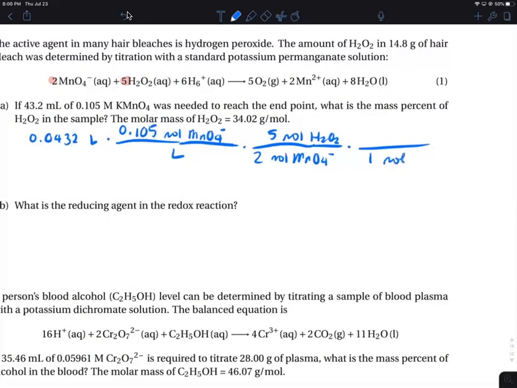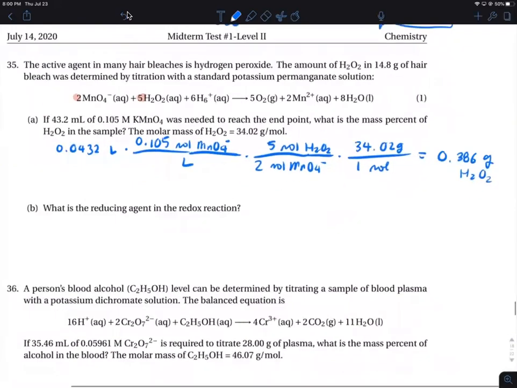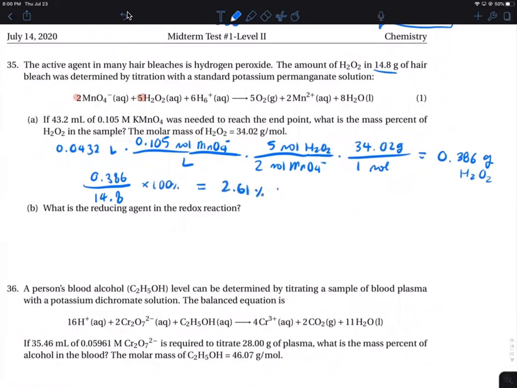For every 1 mole, there are around 34.02 grams given in the problem. So this gives us 0.386 grams of H2O2. Out of the total of 14.8, times 100%, the mass percent is going to be 2.61% H2O2.